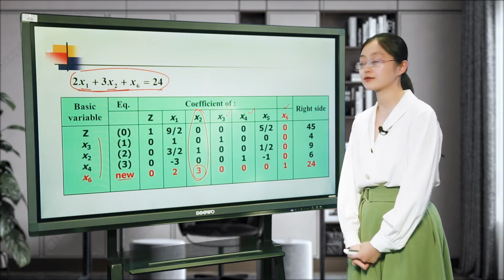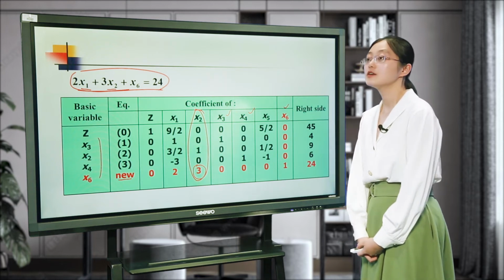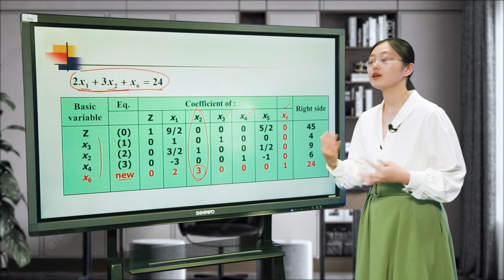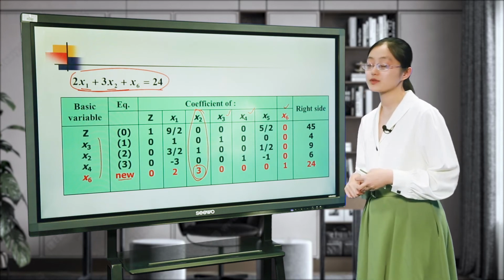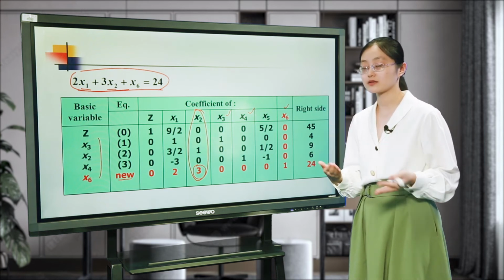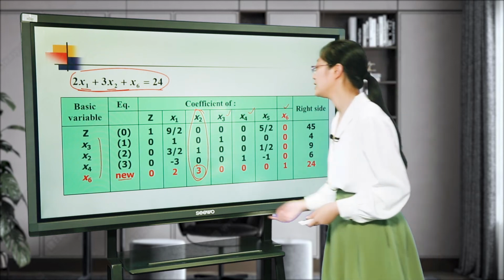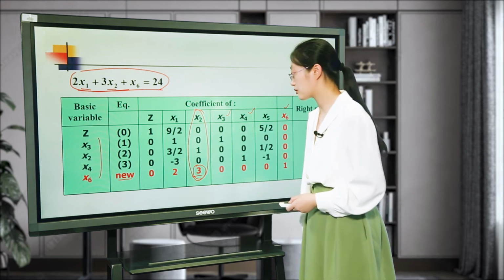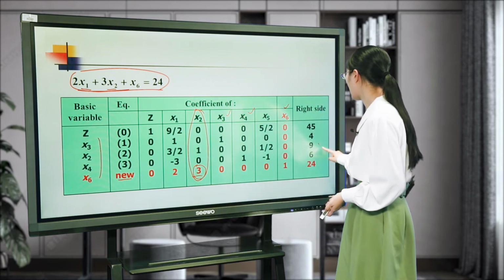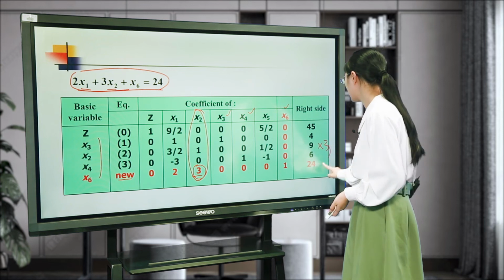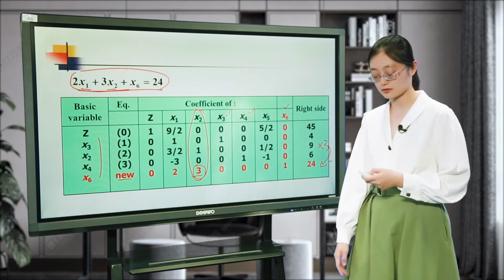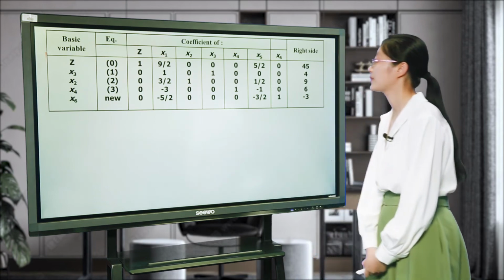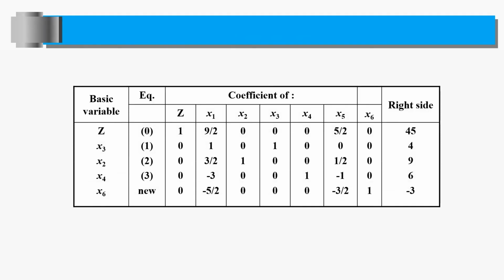Now the column of x2 is not in the proper form. So again, we play the same game. In order to check whether this is an optimal solution, or to start the simplex method or the dual simplex method, we need to first do the Gaussian elimination to make this column proper. So we can multiply 3 to this row and then subtract it from the last row to get rid of that 3. After we make these modifications, we have a proper simplex tabular.